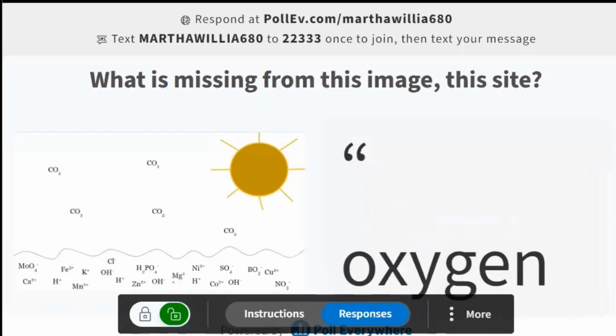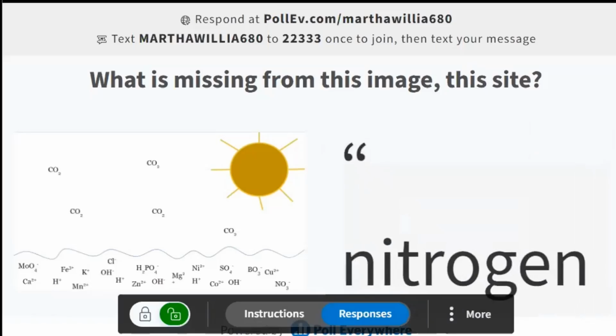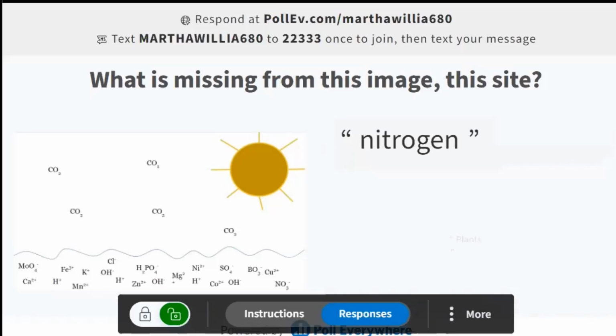Oxygen is missing from this picture for sure. No one's thinking really basic. Well, nitrogen is in the form of nitrate in this particular photo.